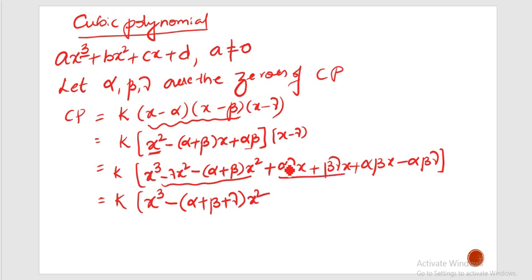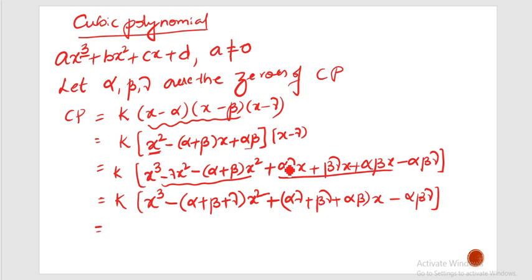Next, in these three terms I have x, right? So if I take x as common, I get alpha gamma plus beta gamma plus alpha beta into x minus alpha beta gamma. So this is what we obtain, right?